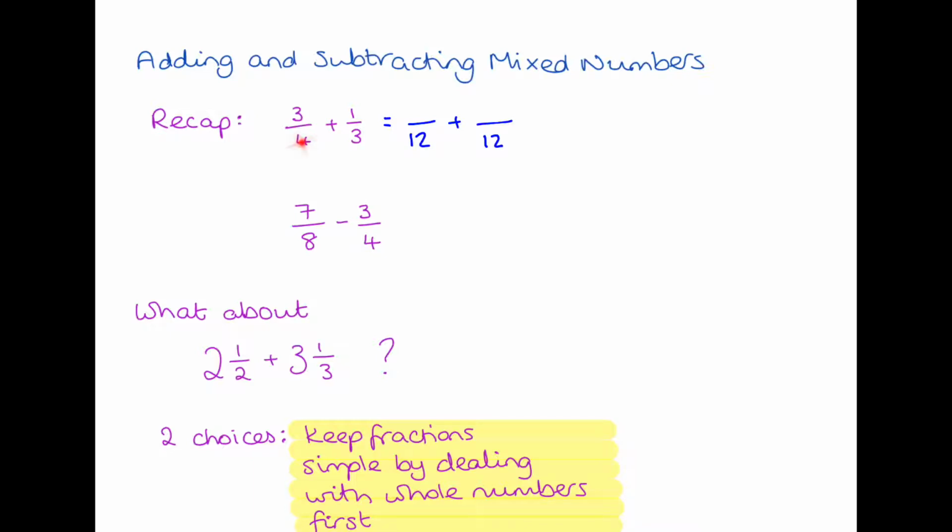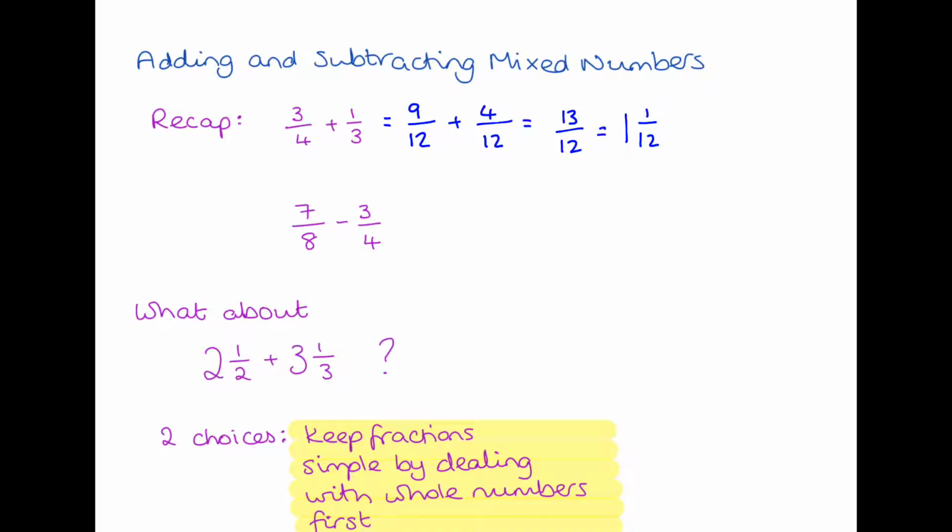So 4 has been multiplied by 3, so the 3 also needs to be multiplied by 3. The 3 has been multiplied by 4, so the 1 has to be multiplied by 4. So altogether we've got 13 over 12, and if we write that as a mixed number, it's 1 and 1/12, because it's a top-heavy fraction, or an improper fraction.